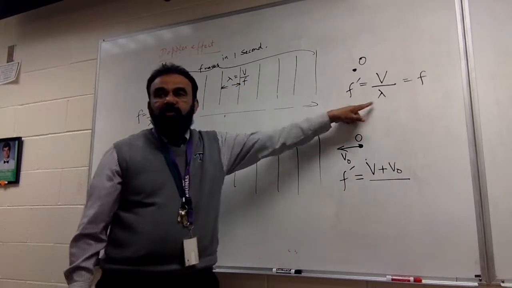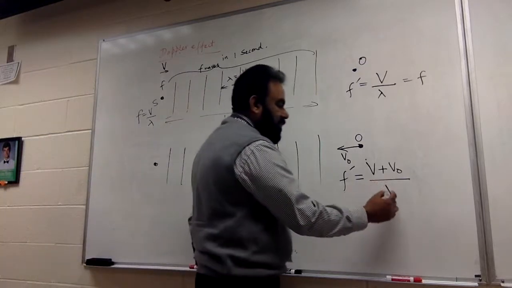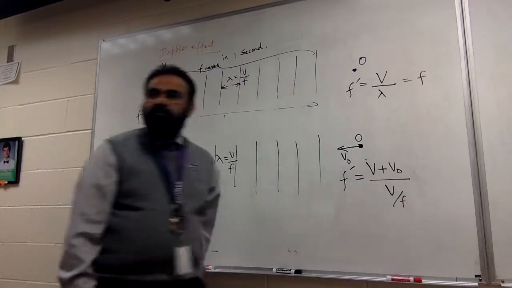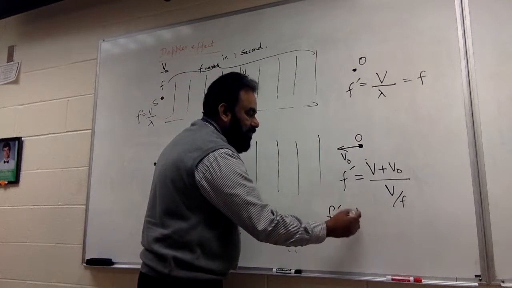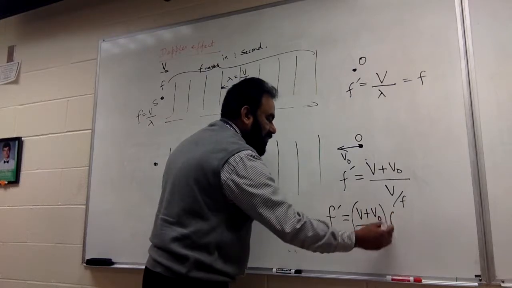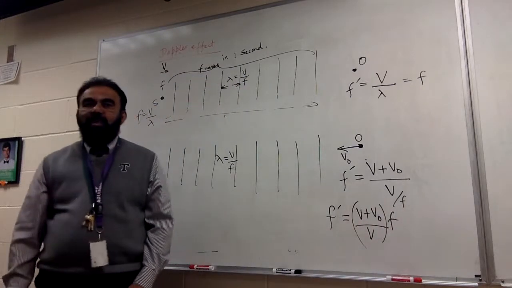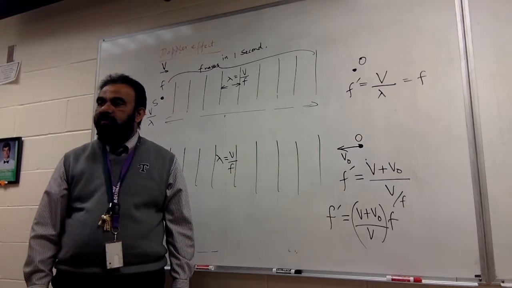The bottom part of it is the wavelength. What's the wavelength? V over F. Now that equation changes into F prime equals (V plus V_O over V) times F. So what's going to happen? Will you hear a higher frequency or lower frequency? Higher.